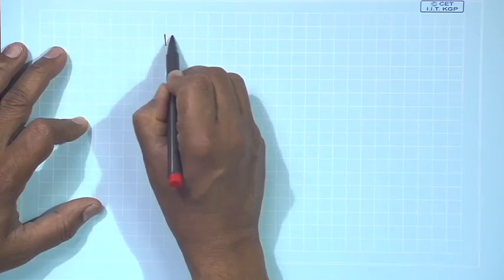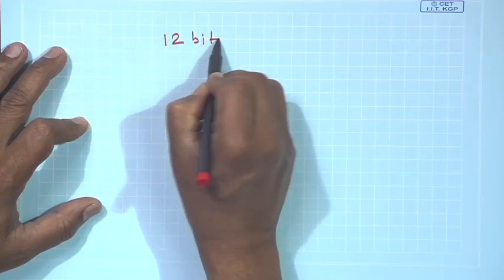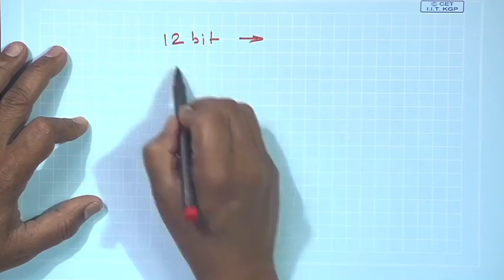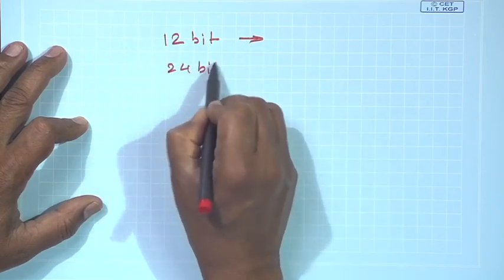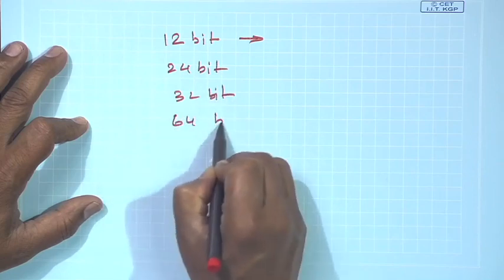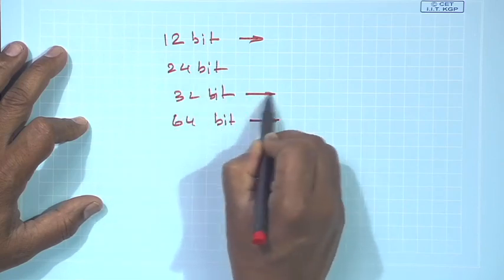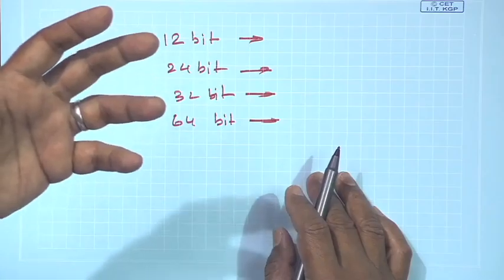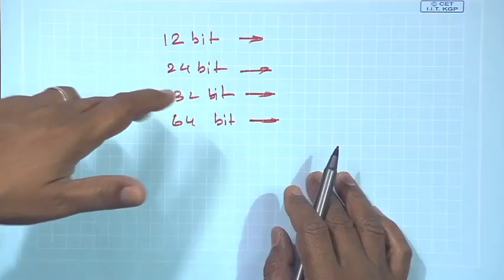So, quantization error in a data acquisition system can be reduced by increasing the bit size. If you see, the numerical accuracy of a 12-bit laptop is less compared to a 24-bit or a 32-bit or a 64-bit. Okay. And you have seen nowadays in the market, if you buy a computer system with higher bit size, it is highly priced because it gives you a better resolution.